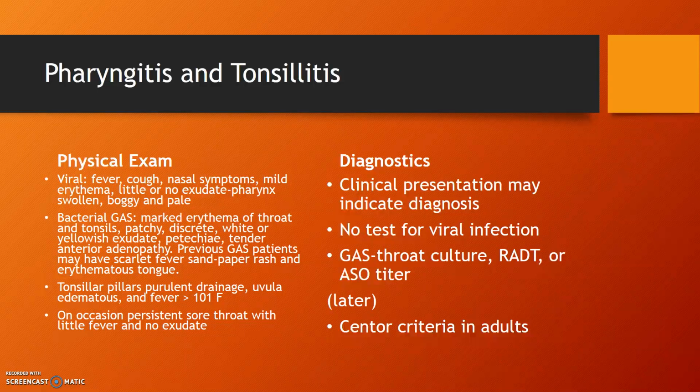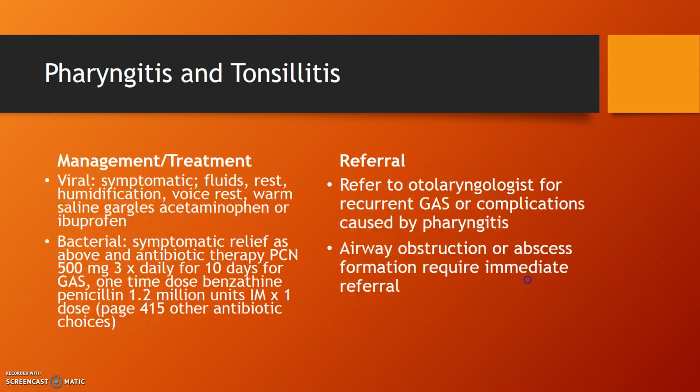This just happened to a colleague of mine whose child's rapid strep was negative, but she insisted on the throat culture, which was indeed positive. Okay, and then I want you to be familiar with the Centor criteria in adults. It's a good guideline. It's not something you have to use, but it does help you in differentiating.